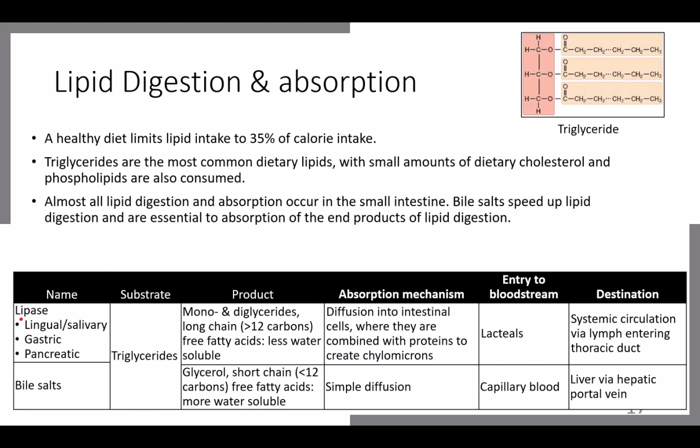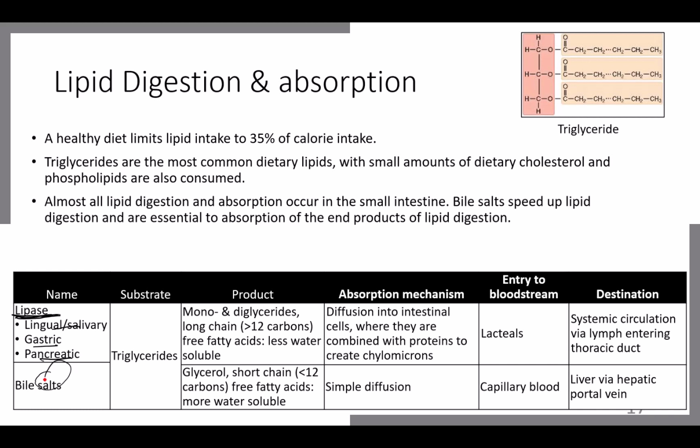Lipase is the enzyme that chemically breaks down lipids, and lipase is secreted by the lingual and salivary glands, by the stomach and the pancreas. All the same enzyme, just secreted by different parts of the digestive system. And then you've got bile salts that help to mechanically break down fat globules into smaller bits, right?